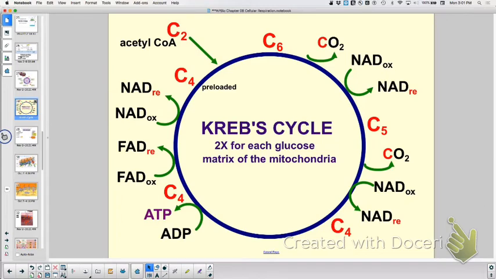Take 1 away, PGAL, G3P. And you're left with 5C3. Use some ATP to build 3C5 plus 3C1 makes 3C6. Break down to 6C3. Use some ATP, use some reduced NADP on your 6C3.